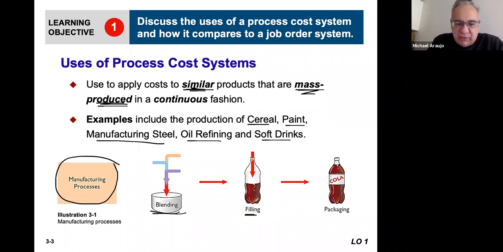Or it's filled and capped, and then it goes over to packaging where that process puts the cap on it, maybe puts another label on it, and puts it into some type of box or strings it up with plastic or something like this. So the process is the same for all of these. And so a process cost system is really used for this.